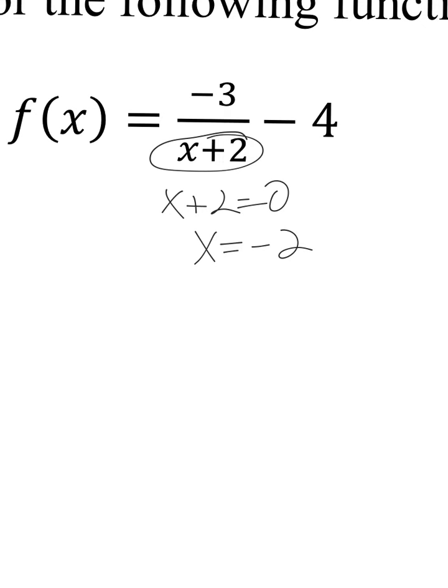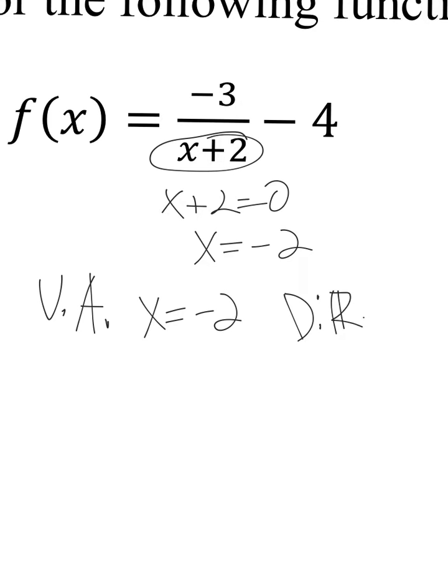So that means I have a vertical asymptote, because x equals negative 2 is a line that would go straight up and down. So vertical asymptote is at x equals negative 2, and that means my domain is all real numbers where x can't equal negative 2. Alright?